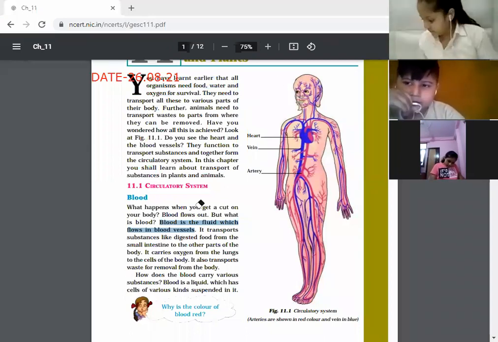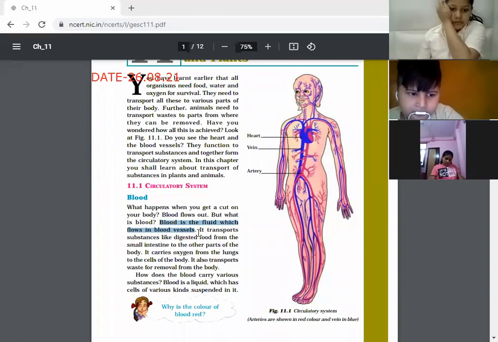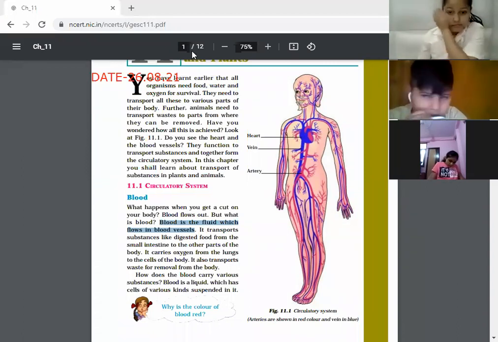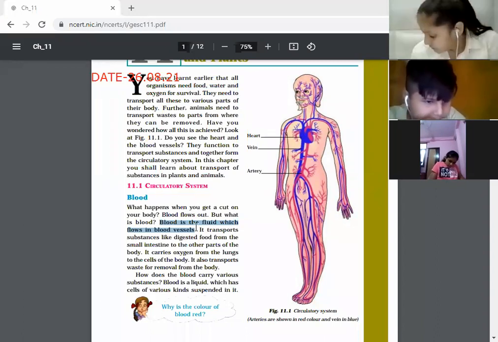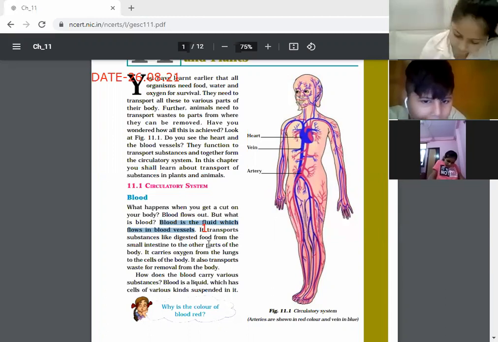Kindly underline what is blood, and here you can underline the functions of blood. This is point 1, where you can write: it transports substances like digested food from the small intestine to the other parts of the body.